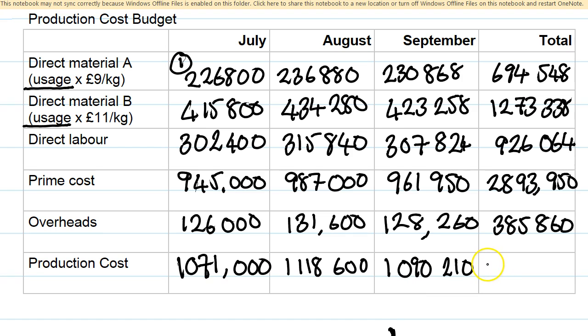For the whole 3 months, the total cost is £3,279,810. And there we've completed our production cost budget, which brings together material A costs of usage, material B costs of usage, labour costs, and we add in finally our overheads.